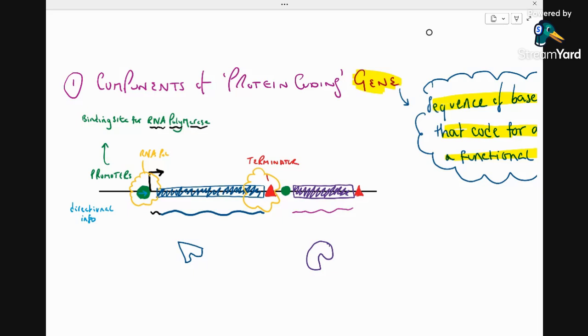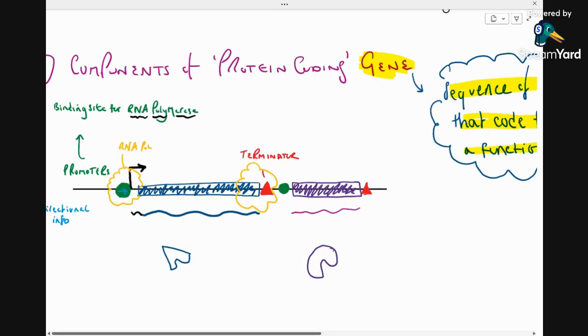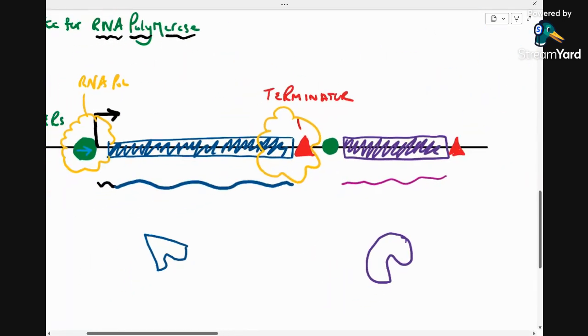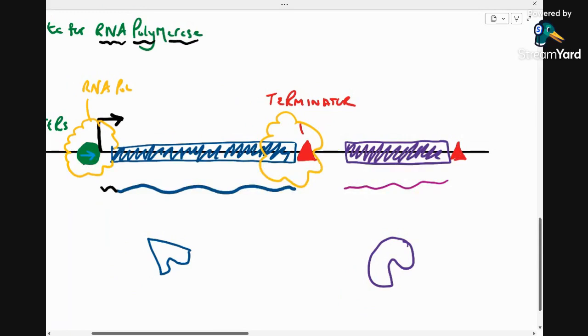Now, just not wishing to confuse you, but actually, genes don't have to face in the same direction. So this purple gene here could actually have the promoter and the terminator at different positions. You could have the promoter here and the terminator here.